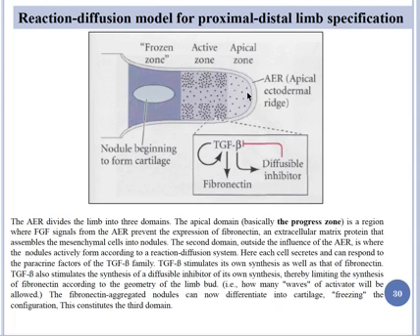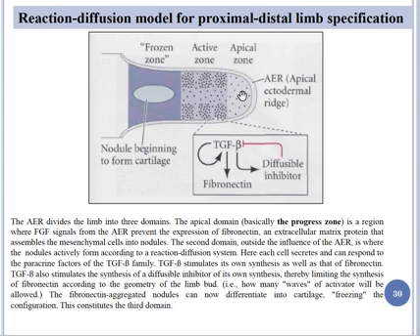The apical zone is basically the progress zone, just under the AER. It's a region where FGF signals from the AER can act and can prevent the expression of specific ECM proteins like fibronectin. It's one extracellular matrix protein. Usually the fibronectin assembles the mesenchymal cells into nodules, into groups of cells.